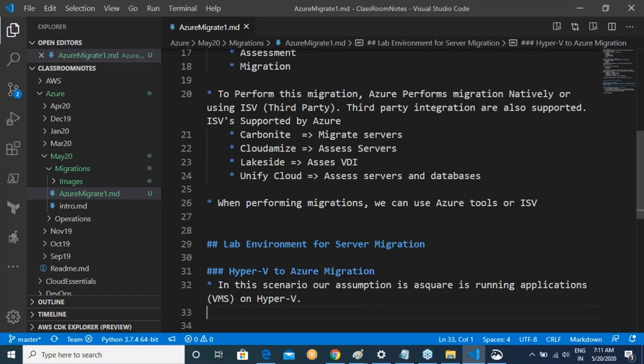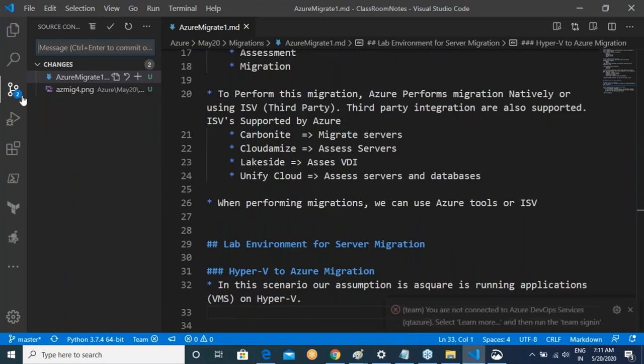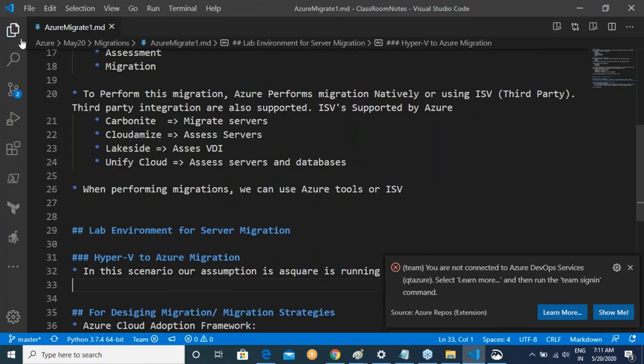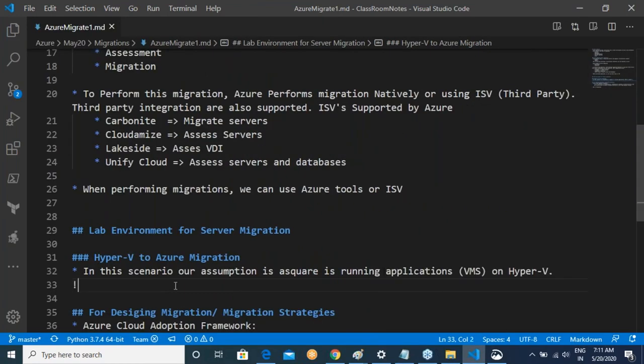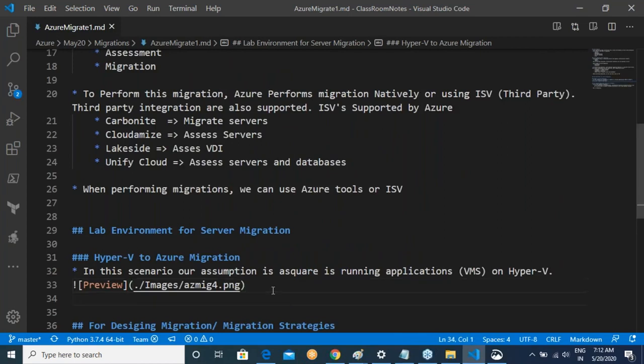So that is the basic assumption of ours. So what we will try to do is migration, right? So we do this kind of basic migration.